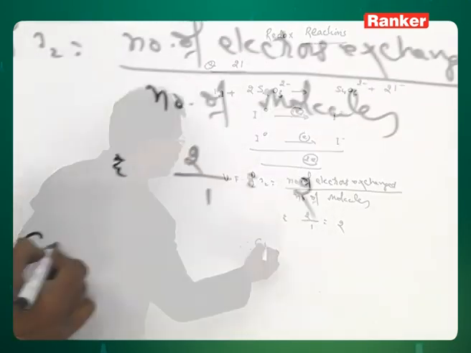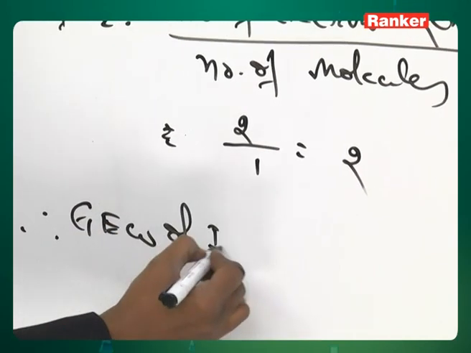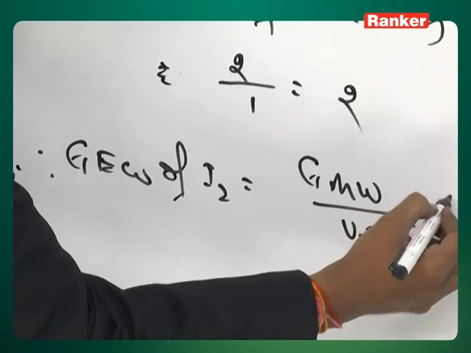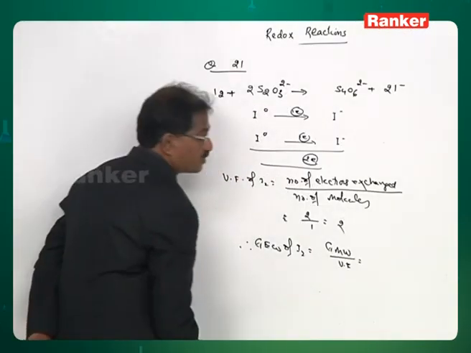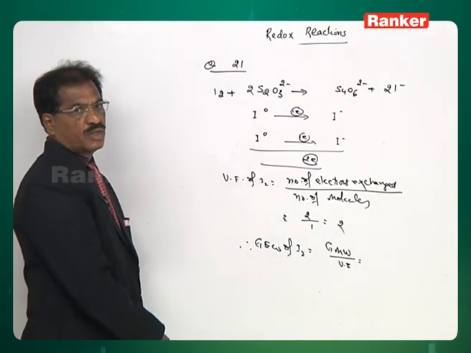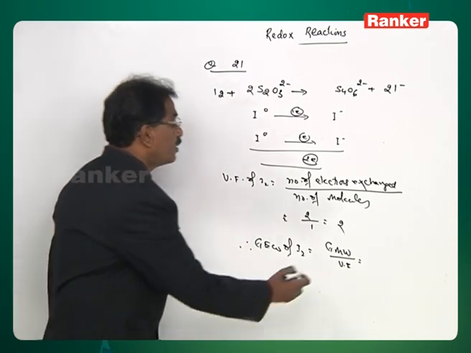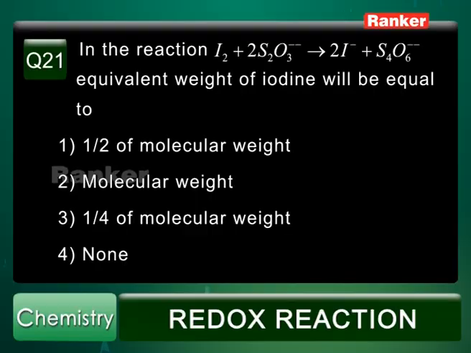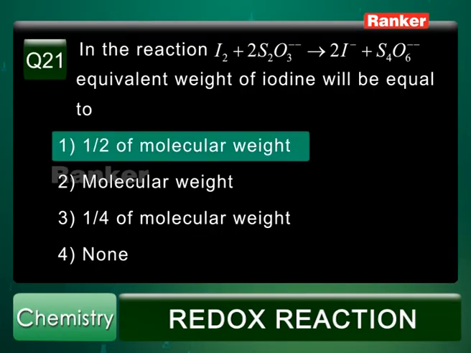Therefore, gram equivalent weight of iodine is gram molecular weight by valence factor. So now identify the option where gram molecular weight by valence factor 2 is shown. In the first option it is shown. Therefore, answer is 1.